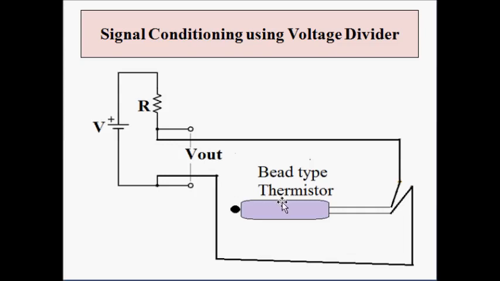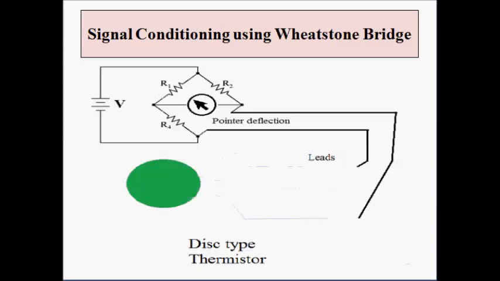Whenever there is a change in the temperature of the environment in which the thermistor is installed, the resistance of the thermistor changes and the output voltage also changes accordingly. These are the two basic configurations of signal conditioning used in the case of thermistors. The same is used for RTD, resistance temperature detector.